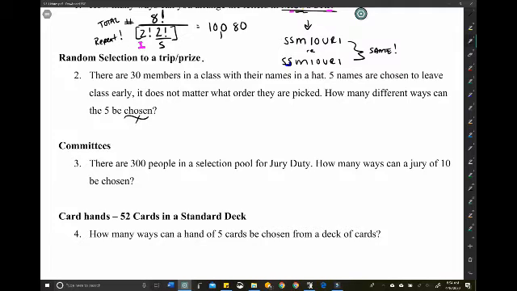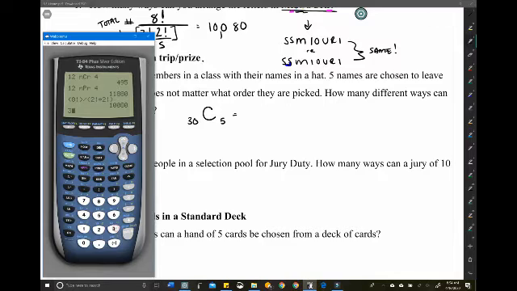It doesn't matter what order they're picked; as long as their name's picked in that 5, they can leave early. Since order does not matter, we're using C. There are 30 total members, and 5 are being picked: 30C5. You can use the calculator, and you get 142,506.